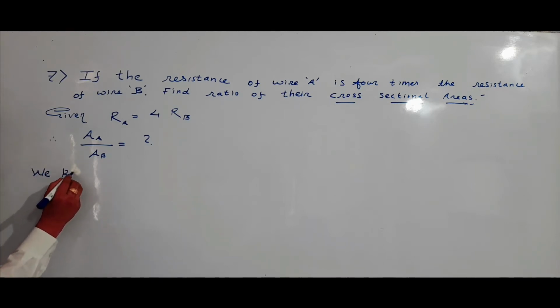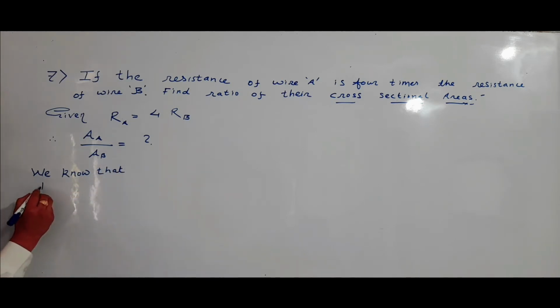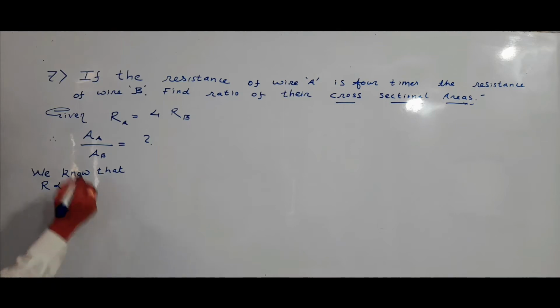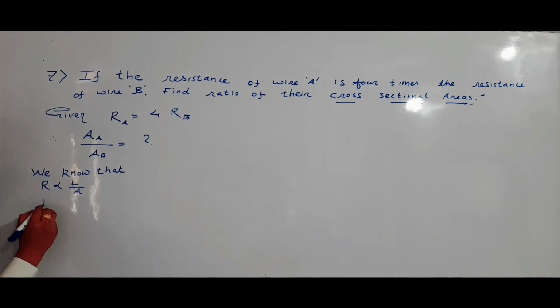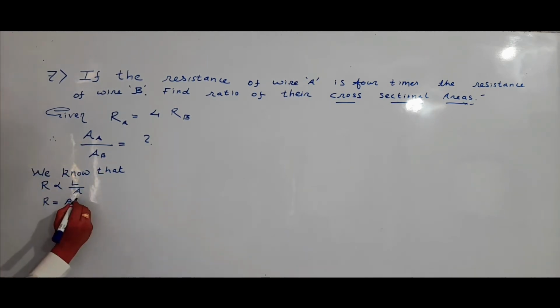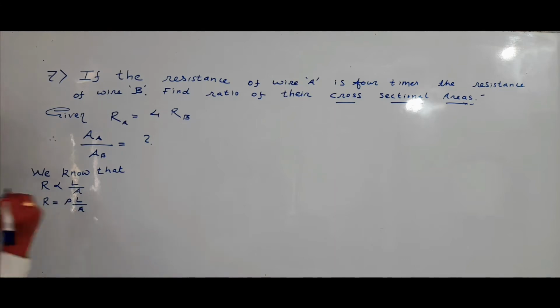We know that resistance is directly proportional to the length of the wire and inversely proportional to the area of cross section of a wire. So R, removing the proportionality sign, is equal to a constant, that constant is the resistivity of a material, into L upon A. This formula we have studied.